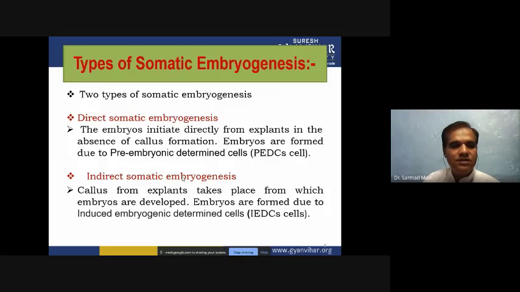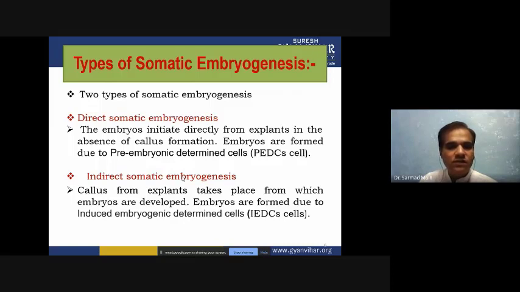The next type is indirect somatic embryogenesis. We call it indirect since in between we produce callus from the somatic cells, and this callus is utilized to produce the embryos. So from somatic cells we produce callus, and from callus we produce somatic embryos. That's why we call it indirect somatic embryogenesis.